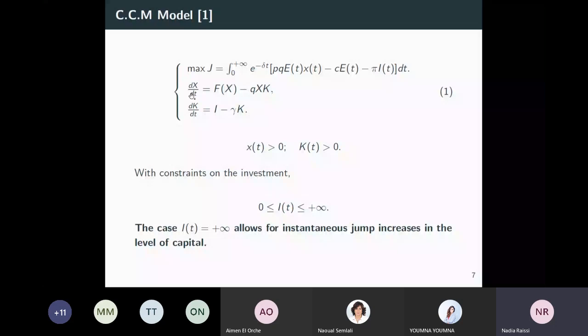The difference is that they take as control variable E, which is the investment. However, the investment in their case is an unbounded variable, which means that E equal to infinity is allowed, which gives us an instantaneous jump at the capital level.